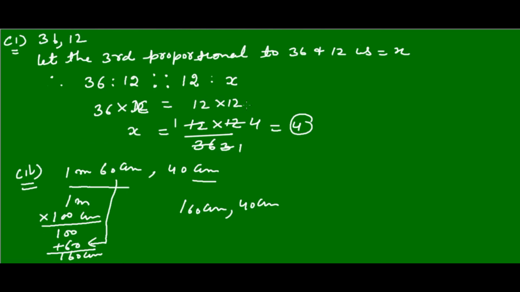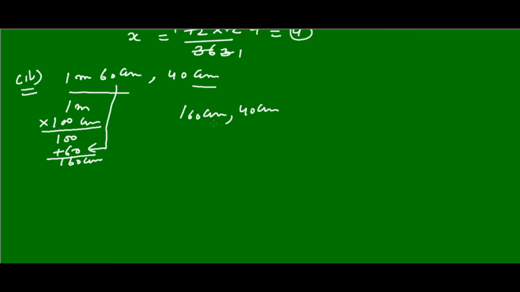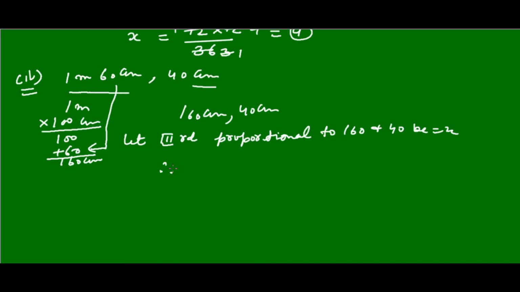We have to find the third proportional to 160 centimeter and 40 centimeter. As we have done earlier, we will assume that the third proportional to 160 and 40 is equal to x.